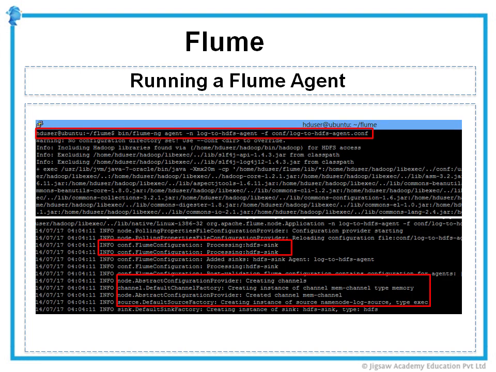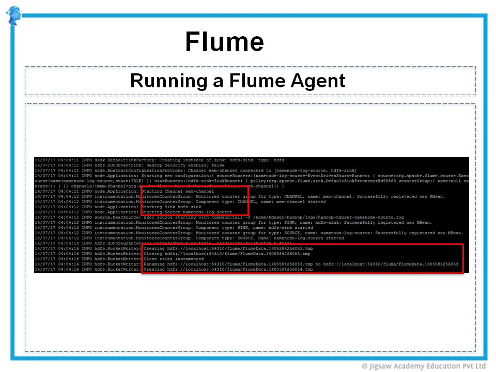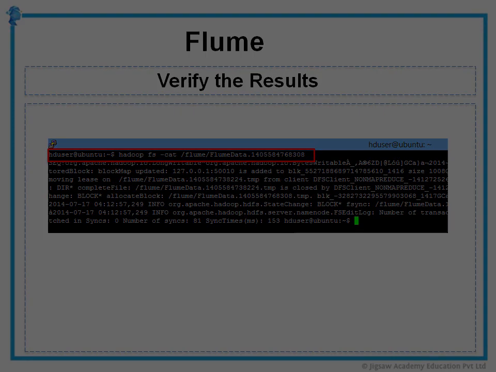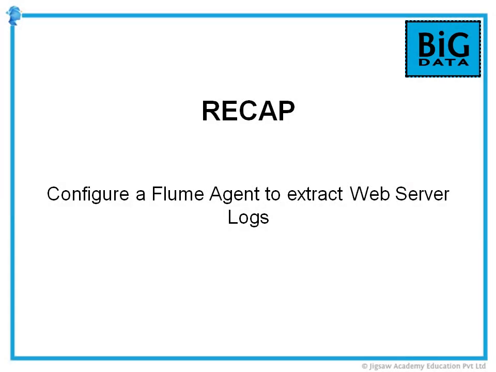And with that, we come to the end of this video, and we saw in a lot more detail how to configure a Flume agent to extract web server logs. Hope that it was easy to understand, and now you can apply these concepts to more complex data flows and different sources as well.